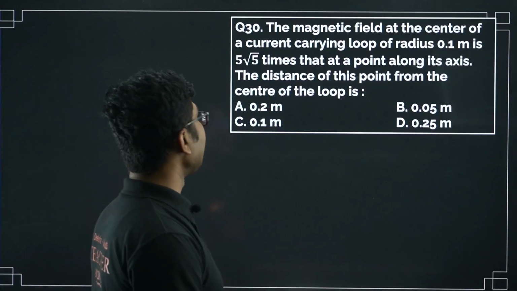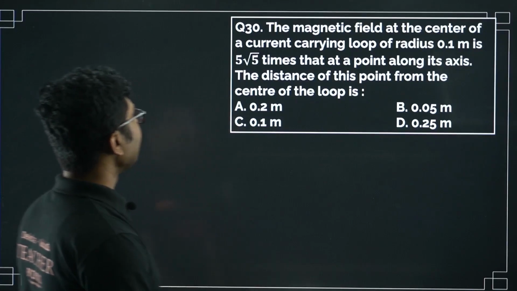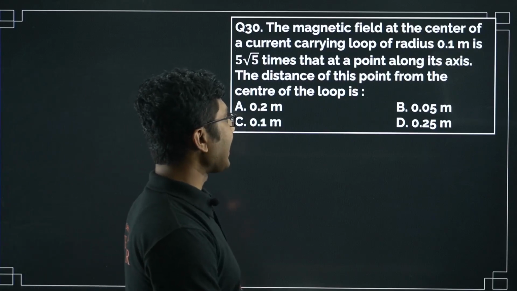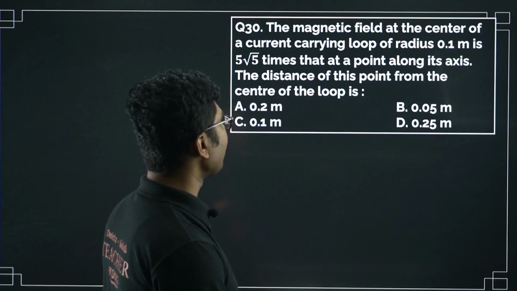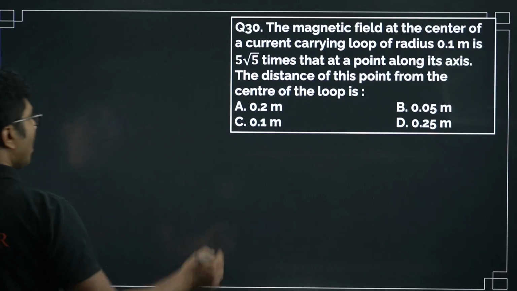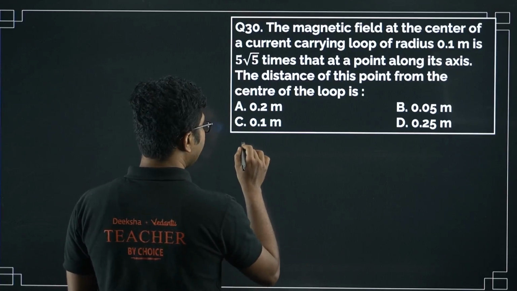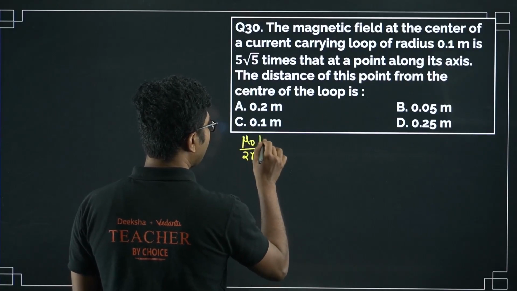Next, the magnetic field at the center of a current carrying loop of radius 0.1 meter is 5 root 5 times that at a point along its axis. The distance of this position from the center of the loop is? Again, what is the formula for magnetic field at the center? It is mu naught I by 2r.